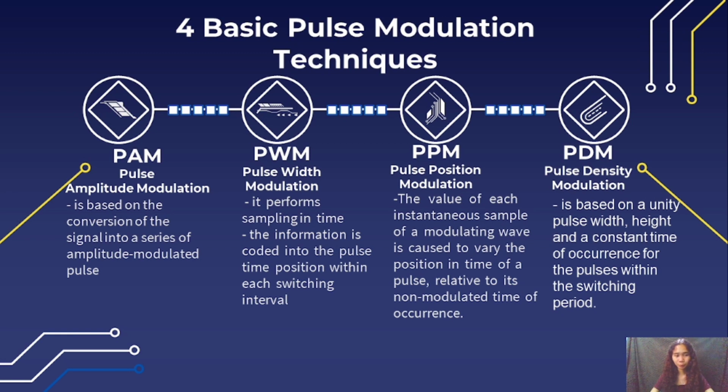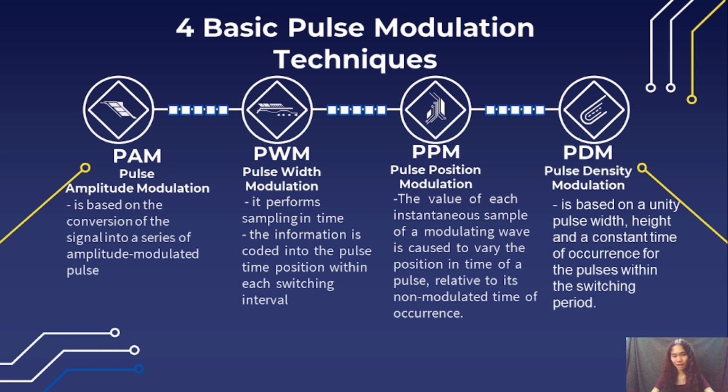PAM, or pulse amplitude modulation, is based on the conversion of the signal into a series of amplitude modulated pulses. Next is PWM, or pulse width modulation. It performs sampling in time. The information is coded into the pulse time position within each switching interval.